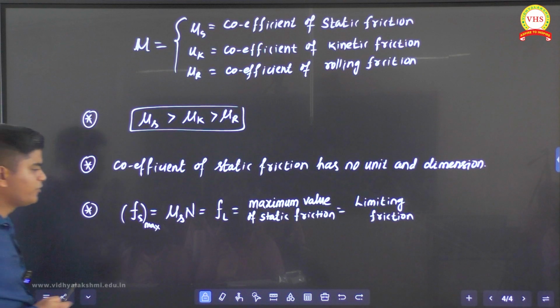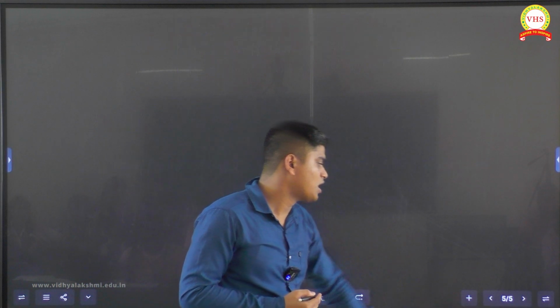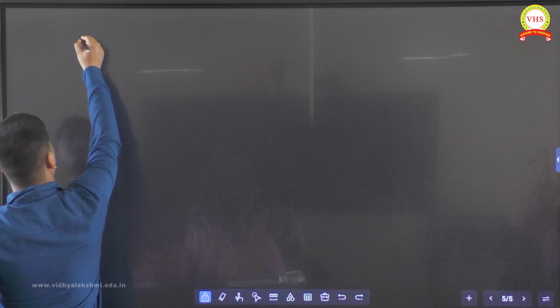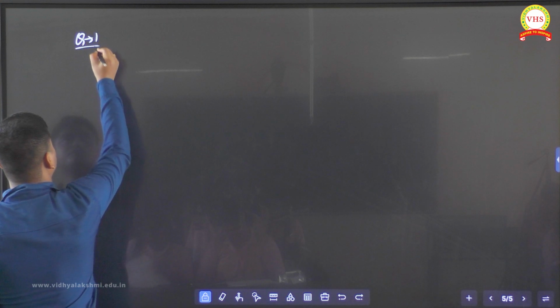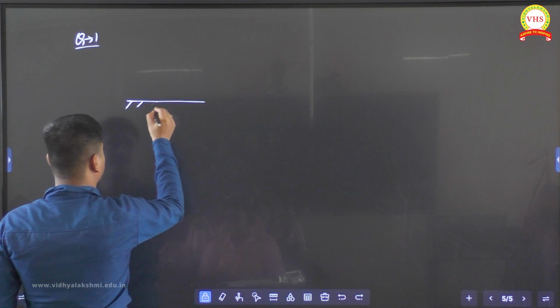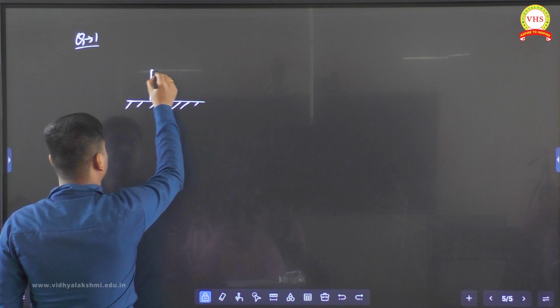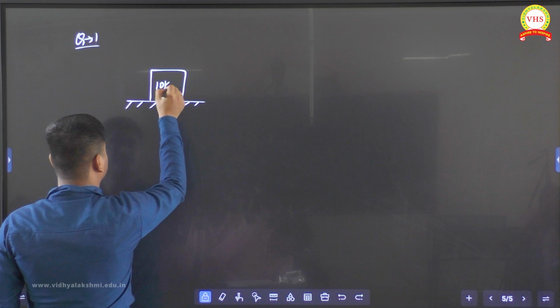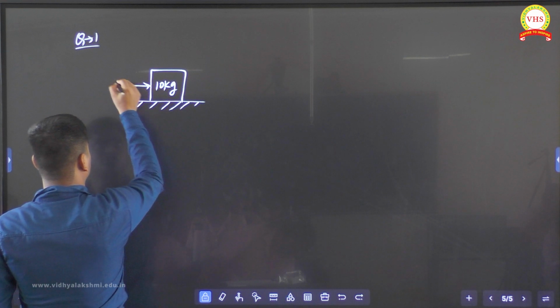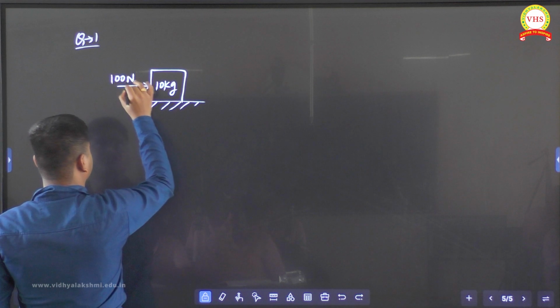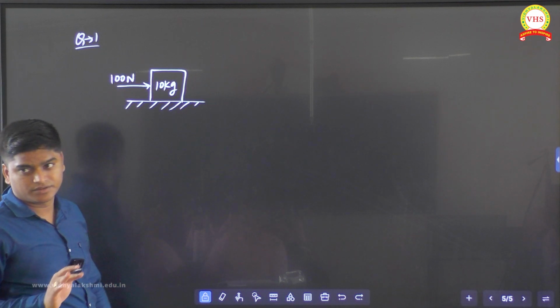Now all of you listen to one question. Suppose one object is here, and this object is 10 kg. On this object, 100 Newton force is acting towards the right.